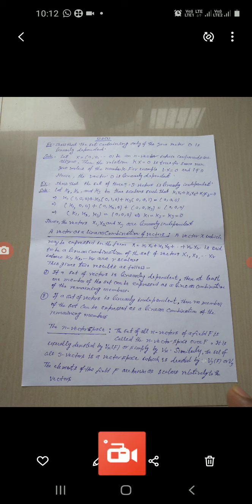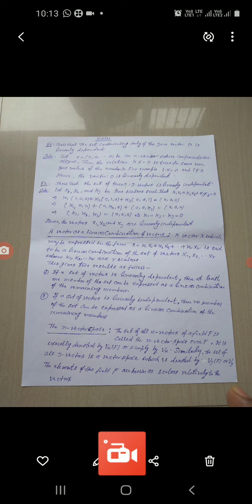For example, if k is equal to 1, then 1 into x is equal to 0 and 1 is not equal to 0. Give attention: 1 into x is equal to 0 and 1 is not equal to 0, means k is not equal to 0 but x may be equal to 0, that is the 0 vector.